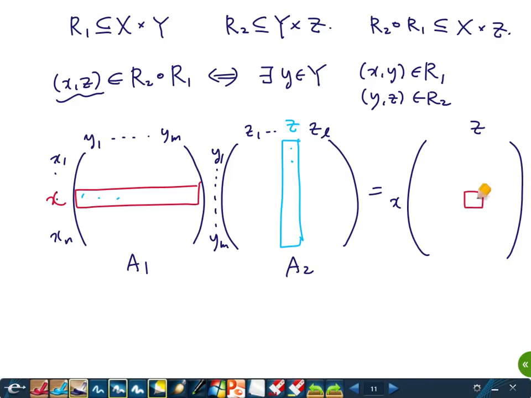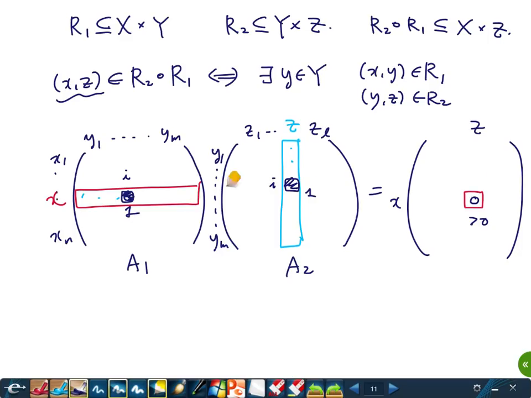Now, suppose that this is 0. What does that mean? No matter which position you look at, let's look at the ith position here and the ith position here, either this is 0 or this is 0 for every i. That's the only case when we obtain 0. Otherwise, if both are non-zero, that means we have 1 and 1, because they are 0-1 matrices. If there is 1 and 1, then we get something bigger than 0, right? It could be 1, or it could be 2, etc., but it is bigger than 0.